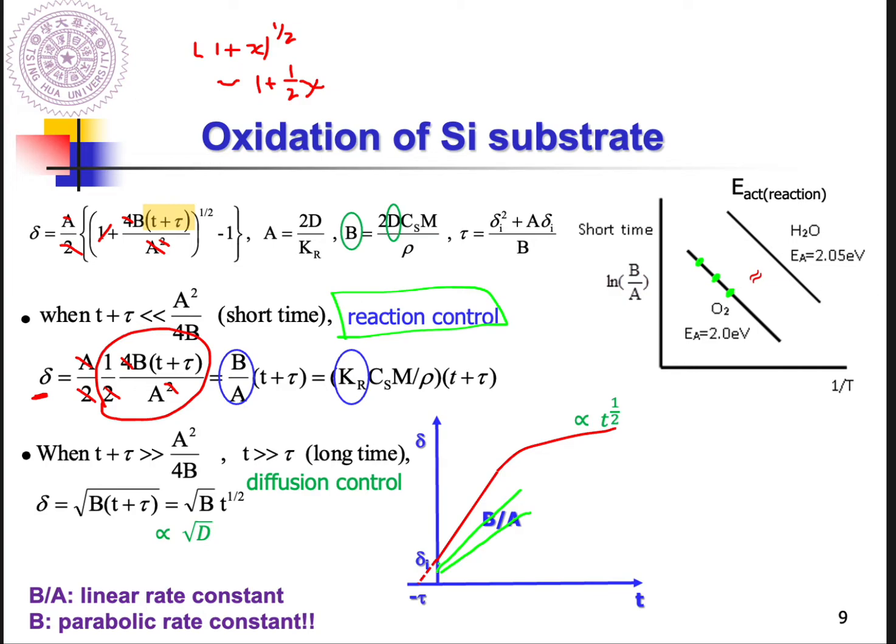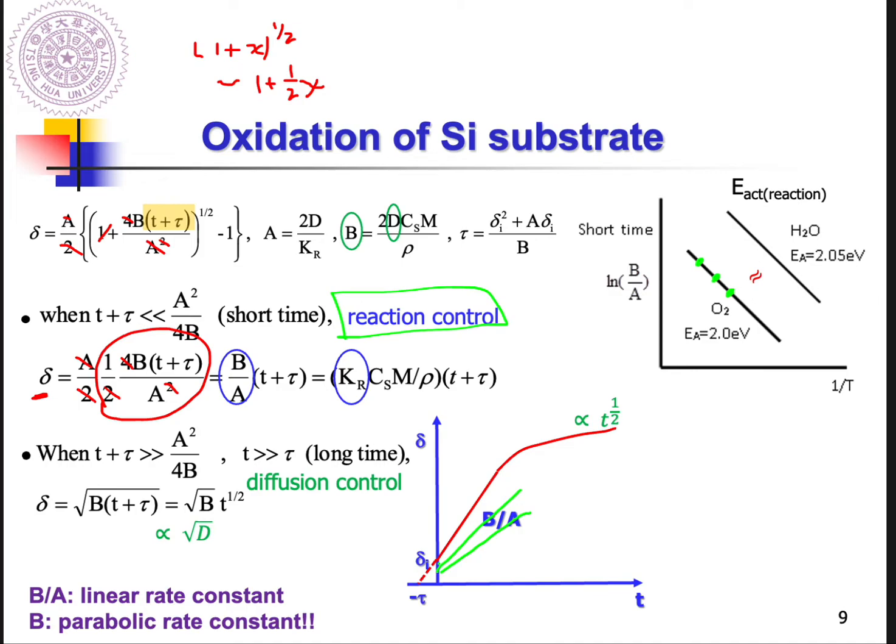So that means for shorter reaction time, it is actually reaction control. That means you also get a similar activation energy. That means no matter you use a dry method or wet method, the reaction path, the reaction energy barrier is similar. Is that reasonable?